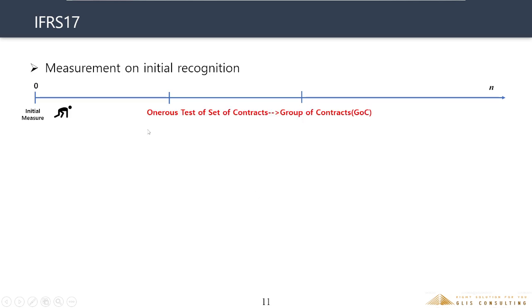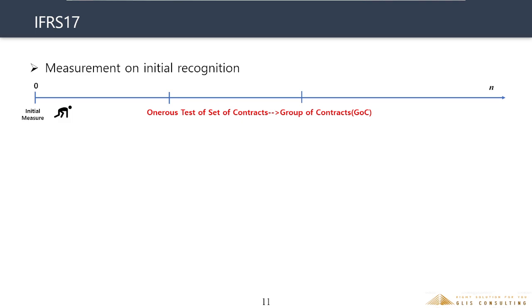And then we do the onerous test of a set of contracts. In the standards, in the onerous group of contracts section, it uses the term set of contracts. So this is quite arbitrary. I wouldn't say just pick any random set of contracts.